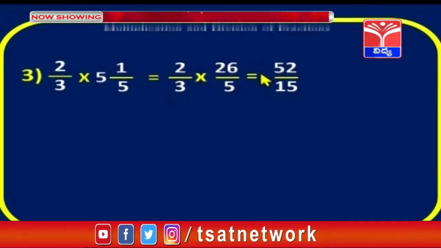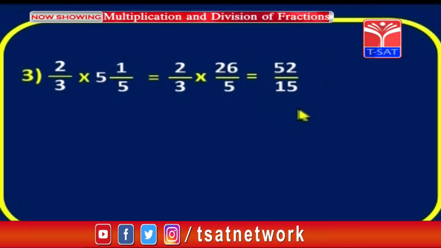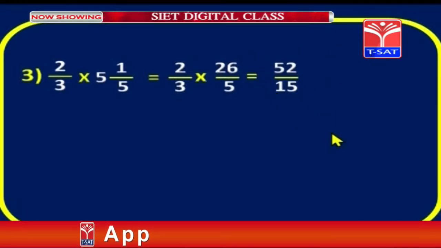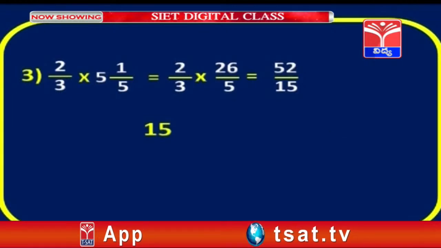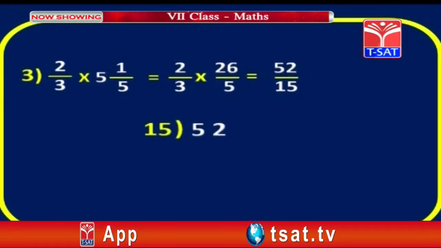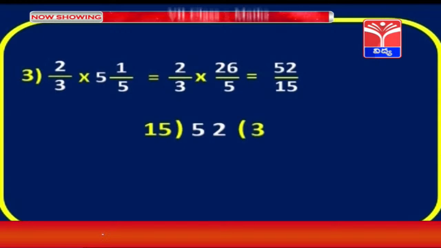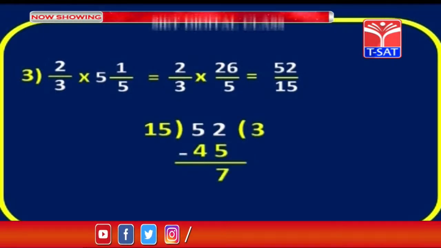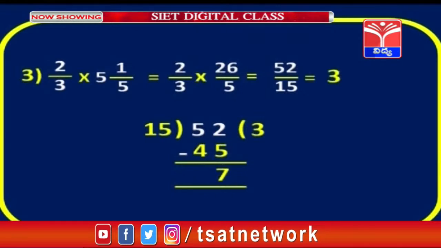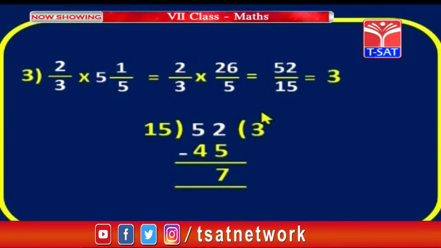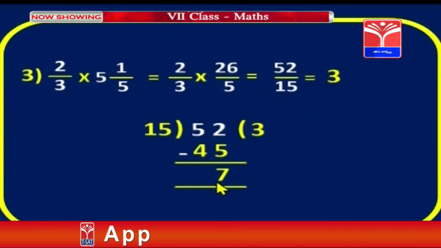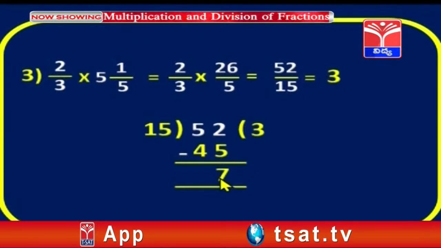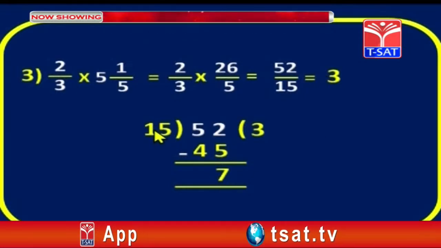Children, the result is an improper fraction, so we have to convert it into a mixed fraction. How to do this? We have to divide 52 by 15. 15 3s are 45. When 45 is subtracted from 52, we get 7. Okay children, how to write this now? First you take the quotient, that is 3. Then you take the remainder, that is 7, divided by the divisor.